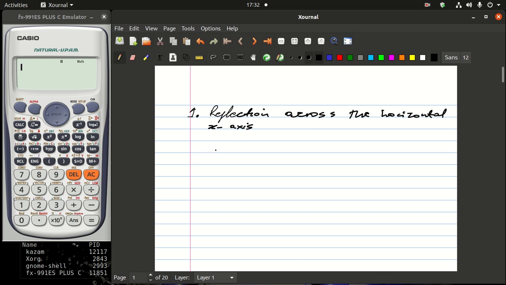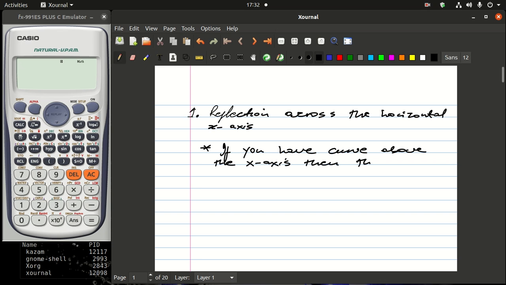The first thing that you will notice in this reflection is that if you have a curve above the x-axis, then the reflection of this curve will be below the x-axis.